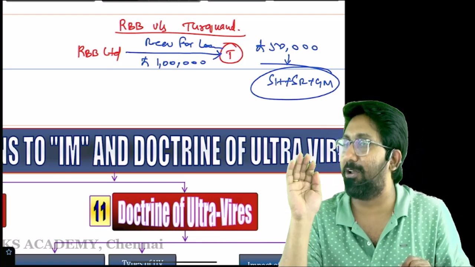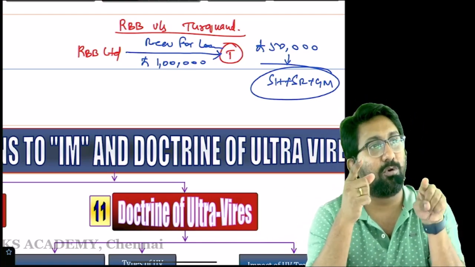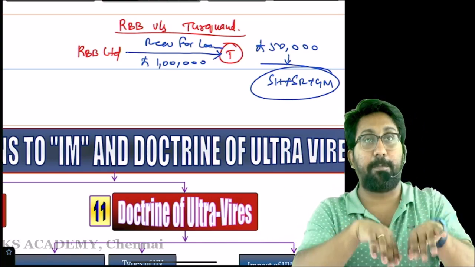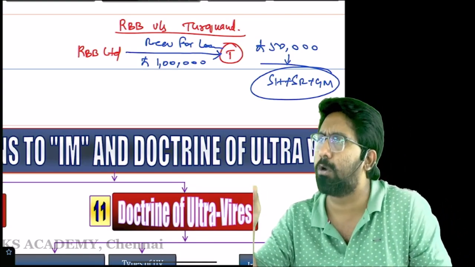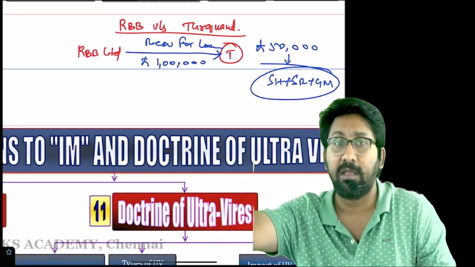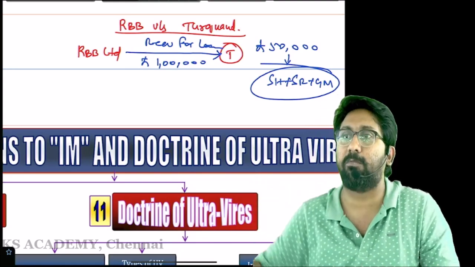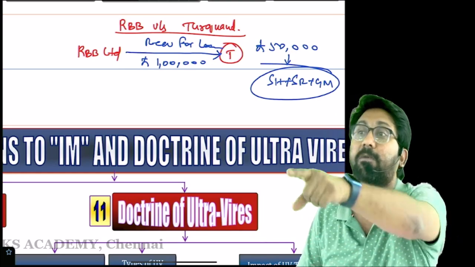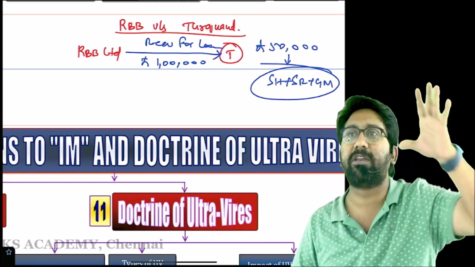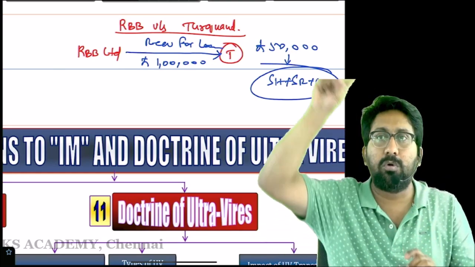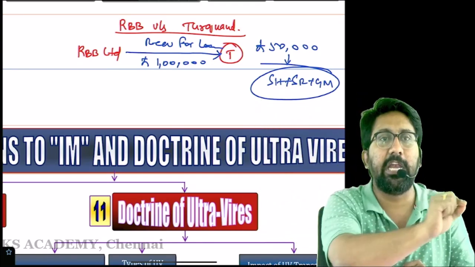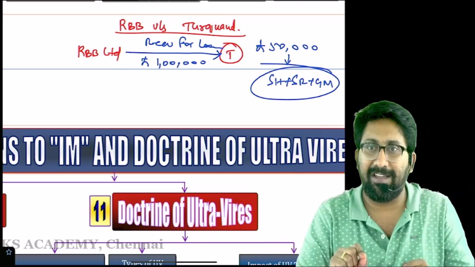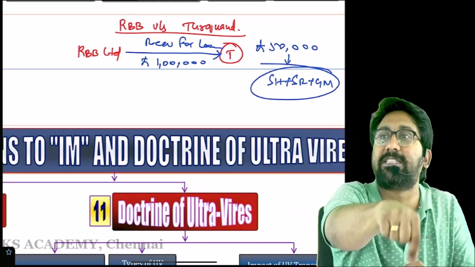So tell me now, when you just presumed that he read MOA and AOA, though he did not read, why should he not presume that you passed the SR? Not passing the SR is your company's internal problem. Therefore, the court said that an outsider who follows constructive notice properly need not inquire whether internal irregularities are there or not.